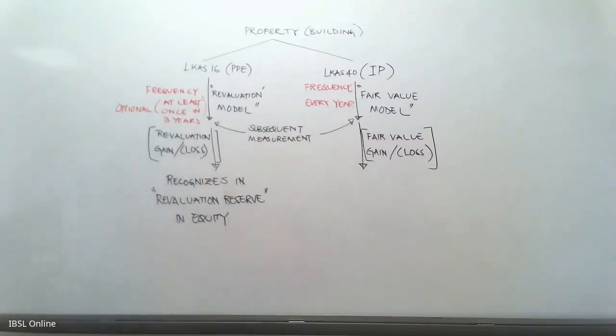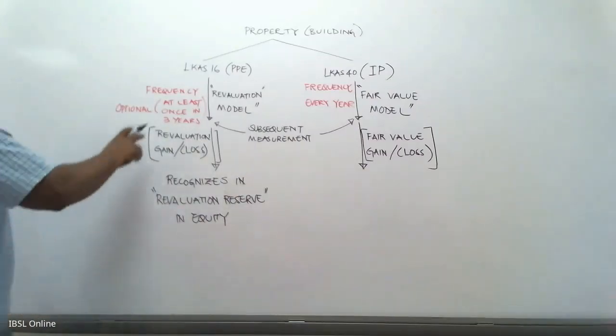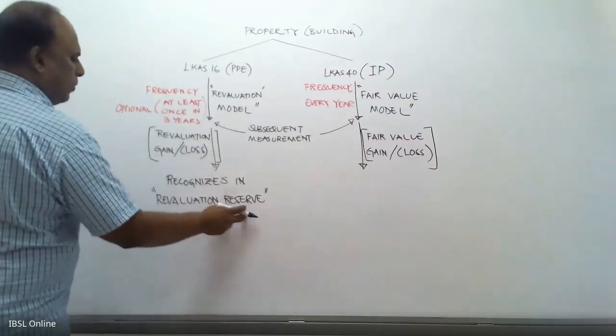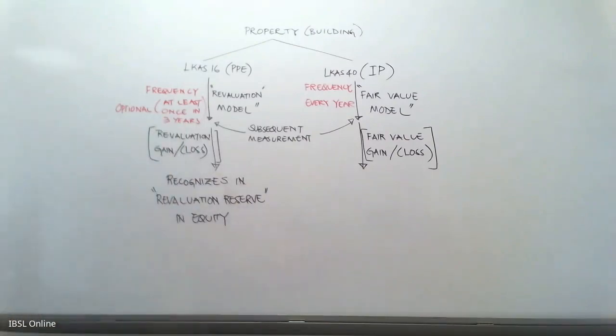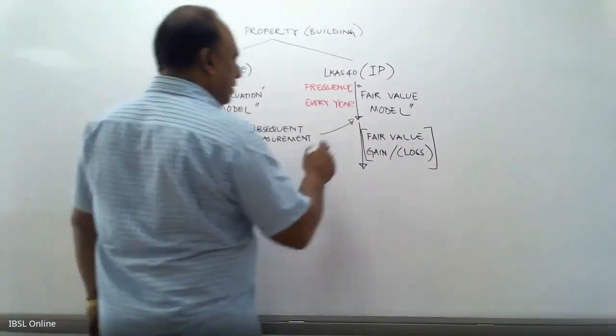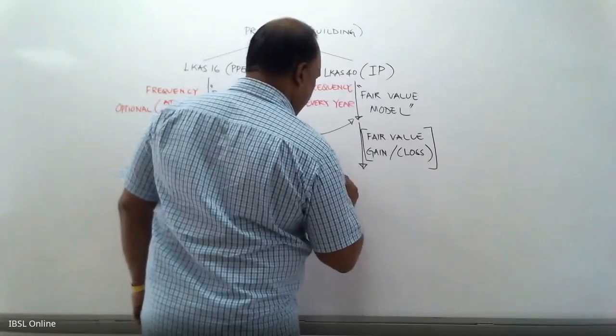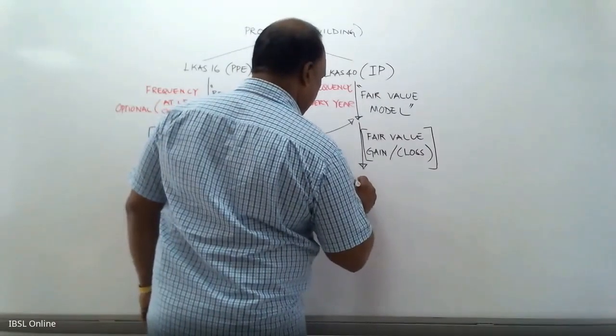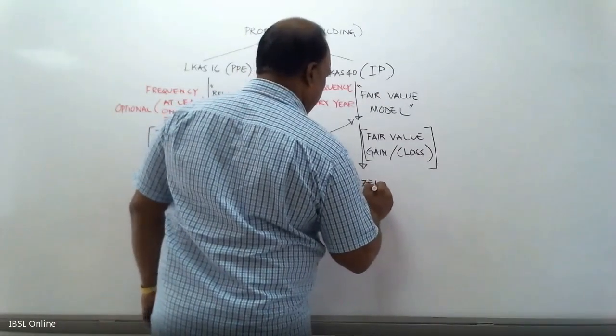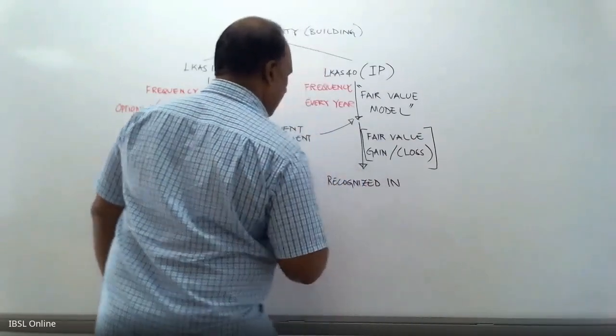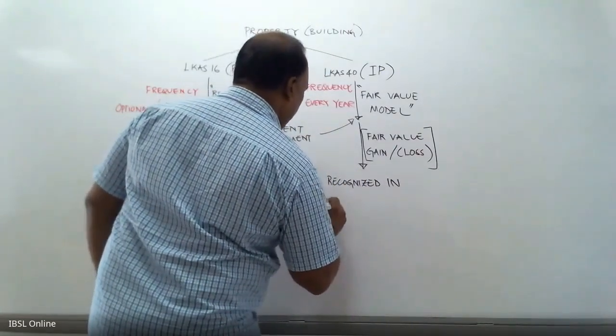Okay, this I told you. The revaluation gain or loss goes into the revaluation reserve in equity. But this is recognized in the profit or loss account.